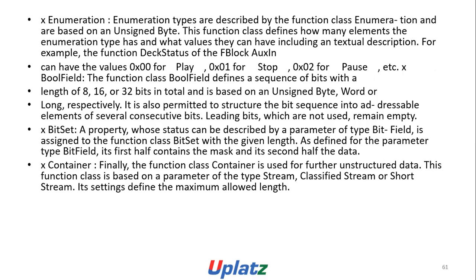Enumeration types are described by the function class Enum and are based on an unsigned byte. This function class defines how many elements the enumeration type has and what values they can have, including a textual description.